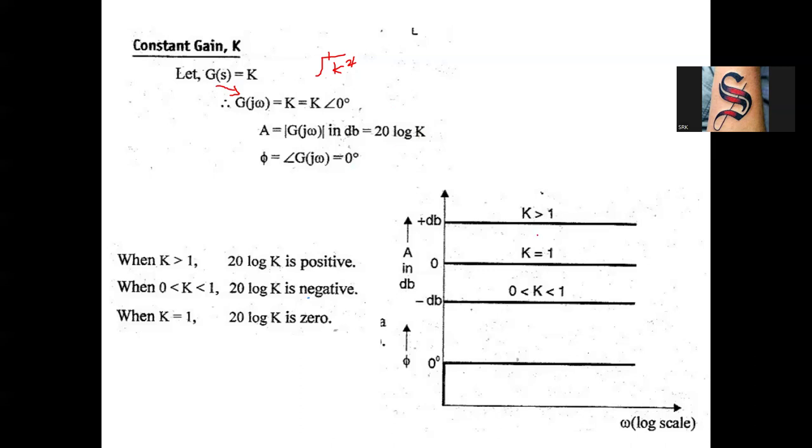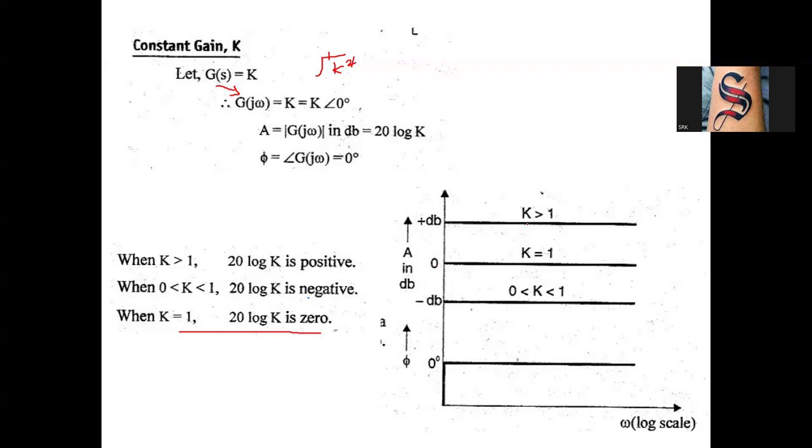For example, if you draw the magnitude plot with respect to frequency, the magnitude is taken in decibels. If the K value is exactly 1, what is the value of 20 log 1? It is 0, right? So if K equals 1, the magnitude is 0 decibels.